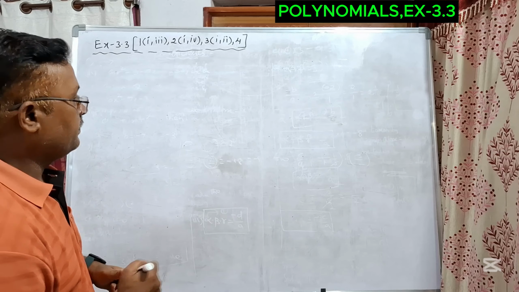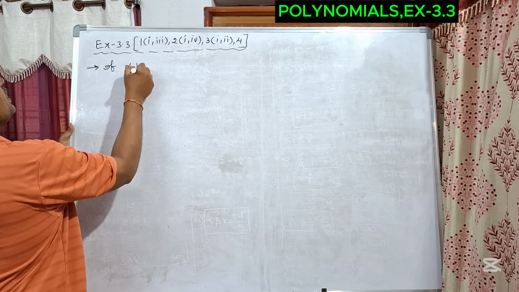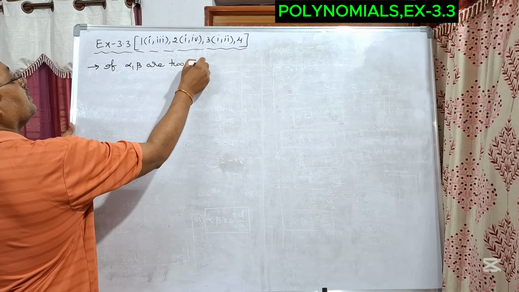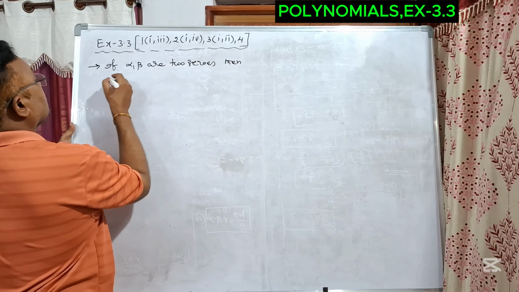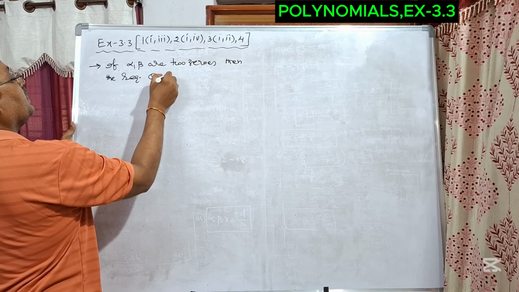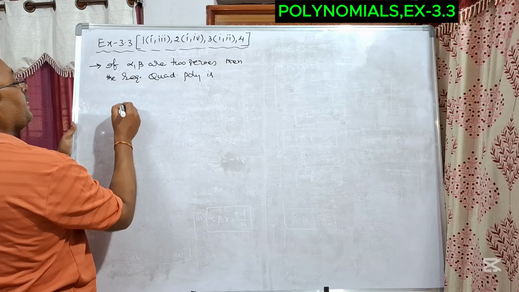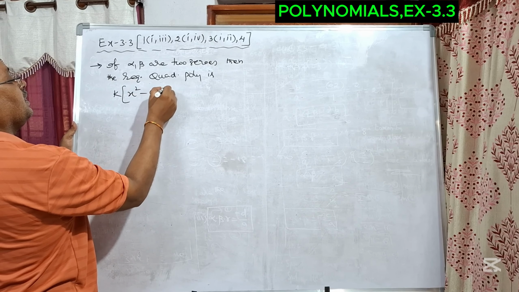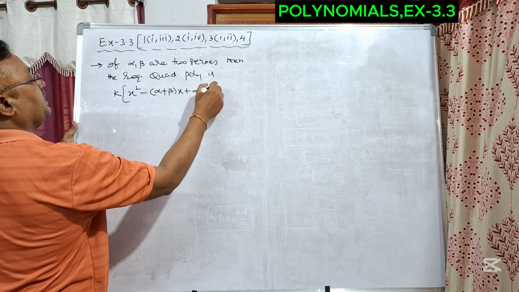So the concept is, if alpha, beta are the two zeros, then the required quadratic polynomial is k times (x square minus (alpha plus beta) into x plus alpha beta).